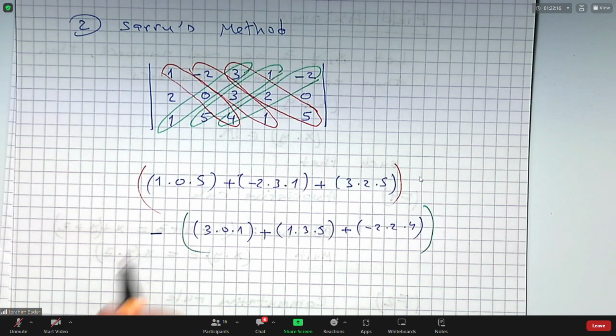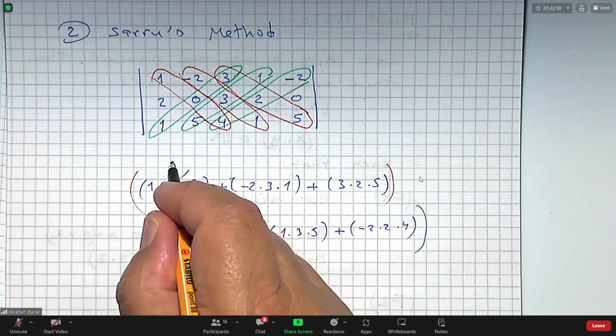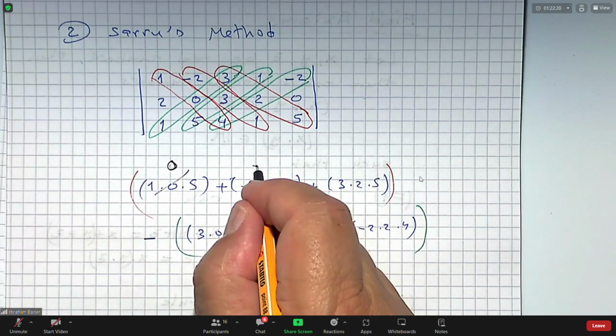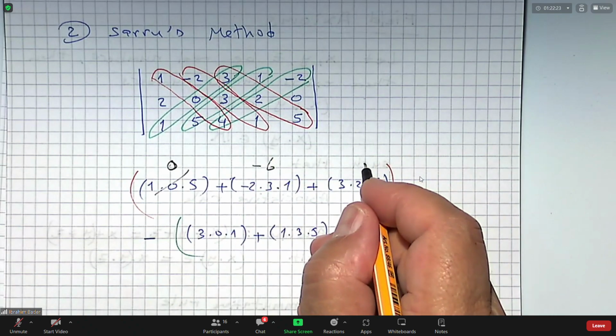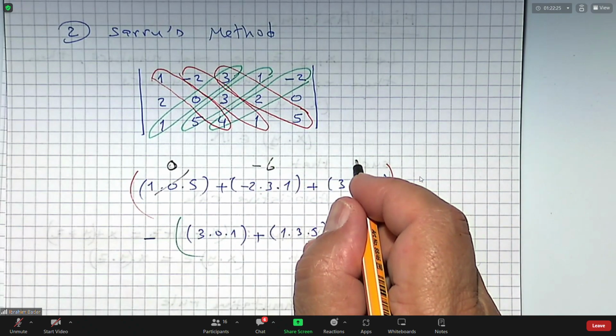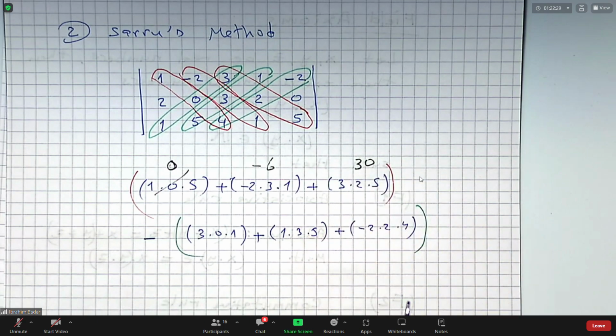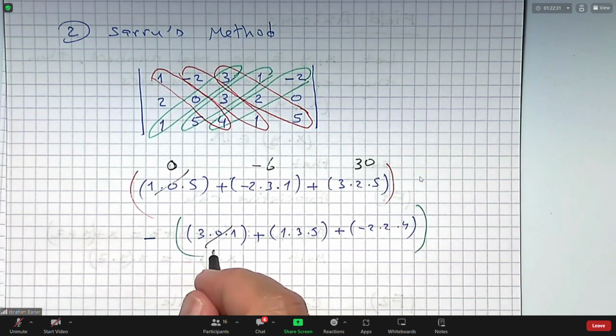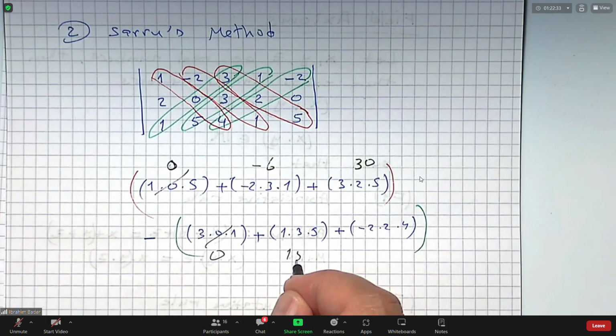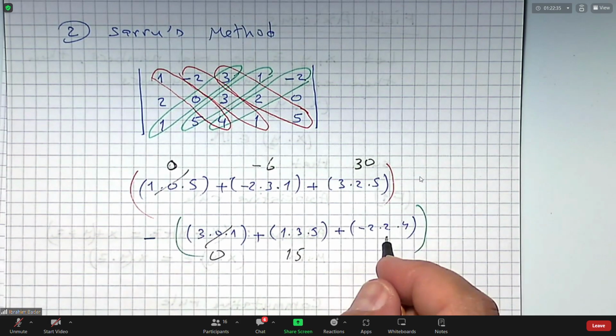Okay, so this is 0. This is -6. This is 30. Then 0, 15, and 16 negative.